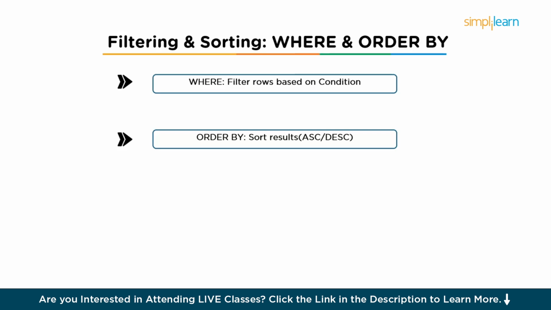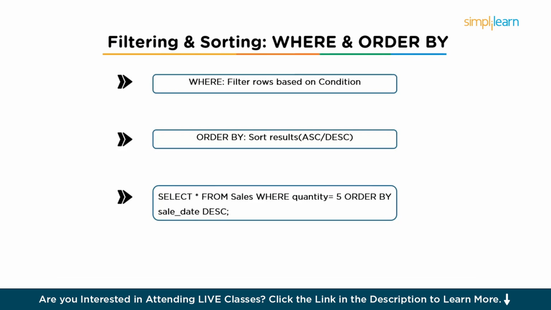This is incredibly useful for quickly identifying the highest or lowest values, for seeing data chronologically to observe trends, or simply for presenting your results in a structured, readable format. Combining where and order by allows for very precise data retrieval and presentation. An example of both clauses is select asterisk from sales where quantity equals 5 order by sale date desc, which selects all sales where quantity is exactly 5.